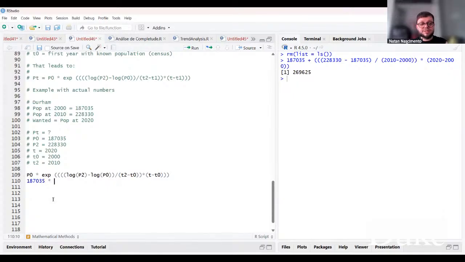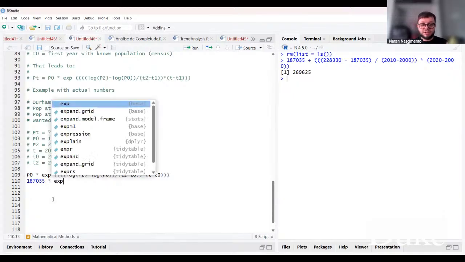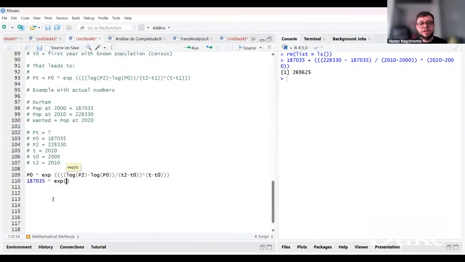And this is multiplied by the exponentiation, and it already creates a parenthesis. I like to do this to create the rest so I don't get confused. But of course, if you copy and paste, it's a little bit easier.